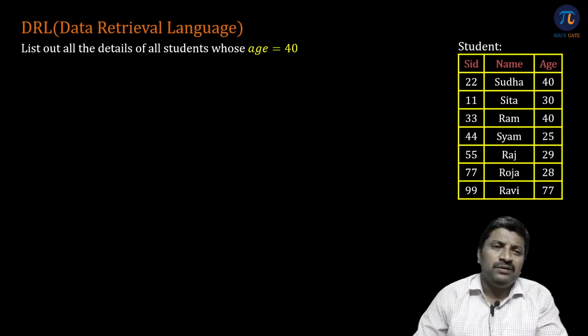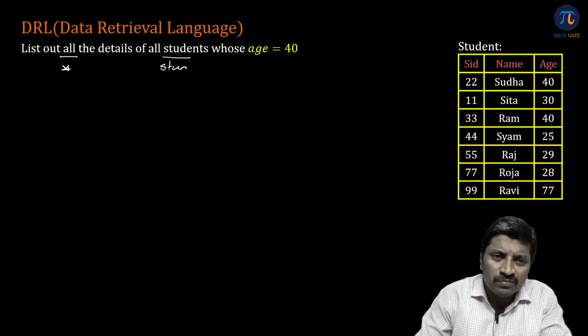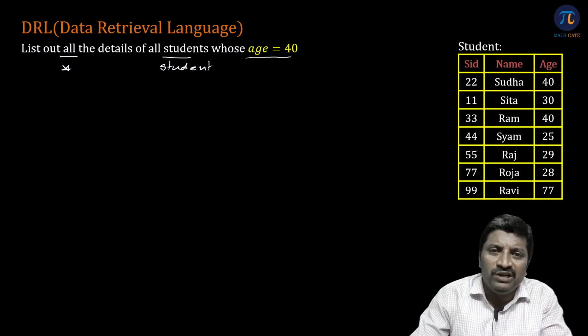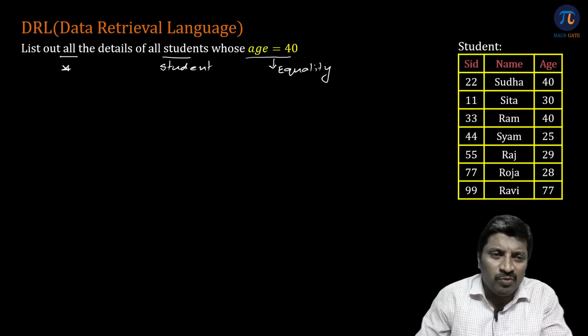The next one, same question, sir. List out all the students from the student table. The only difference is now the condition I have equality. That's it. I have equality condition. In the previous example, we have greater than condition. Hope you can write it on your own.